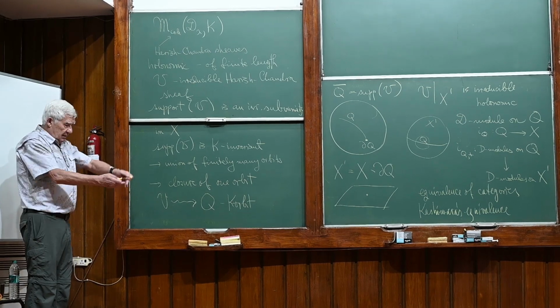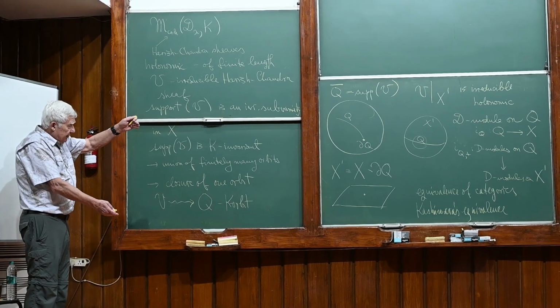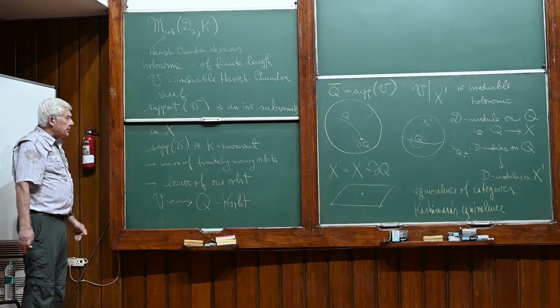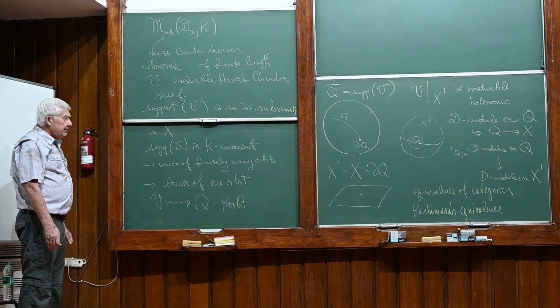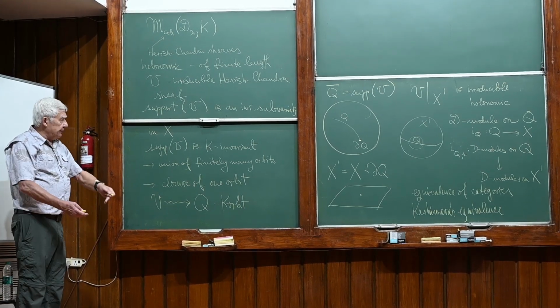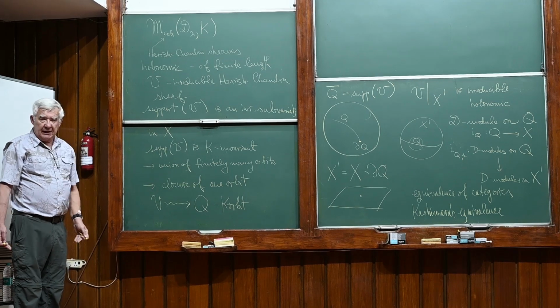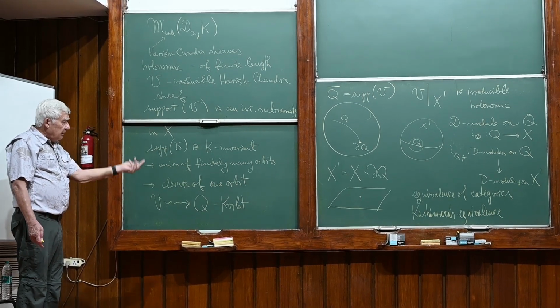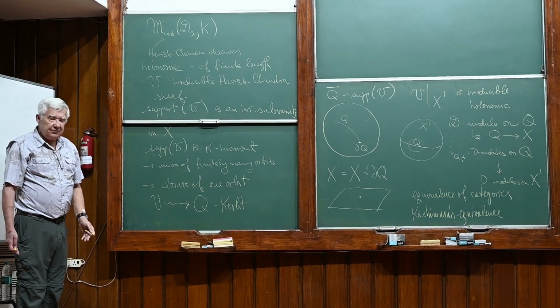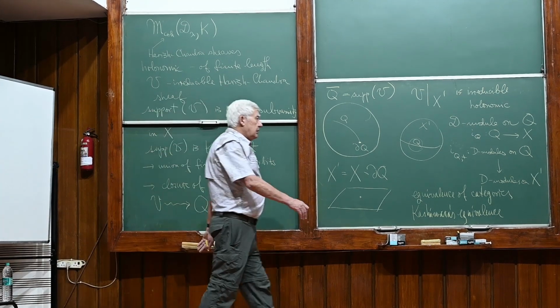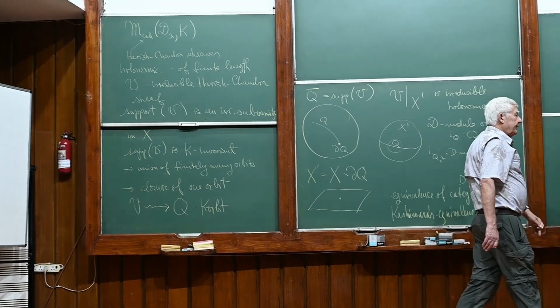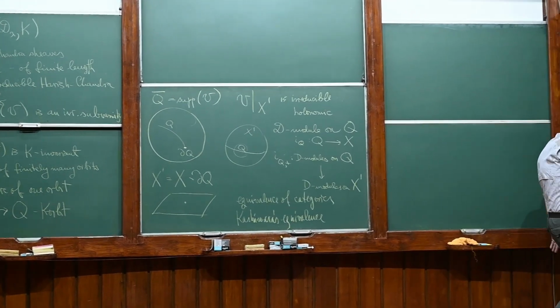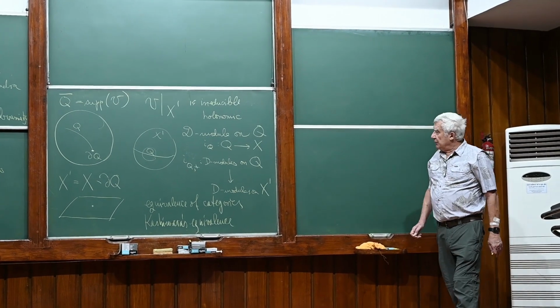So basically, this category of D modules is semi-simple and irreducible objects are just these D modules constructed using derivatives of delta functions. So this is the result we are going to use.